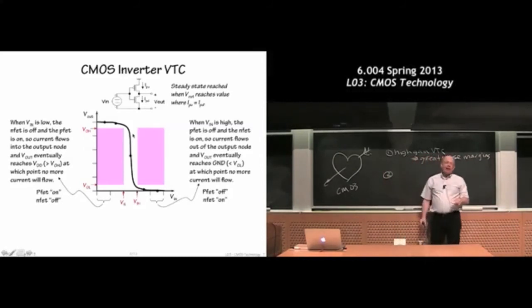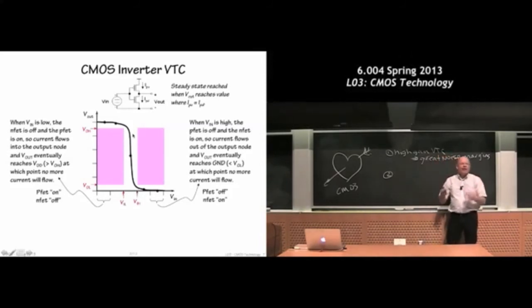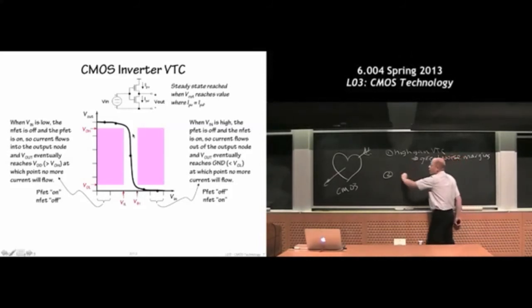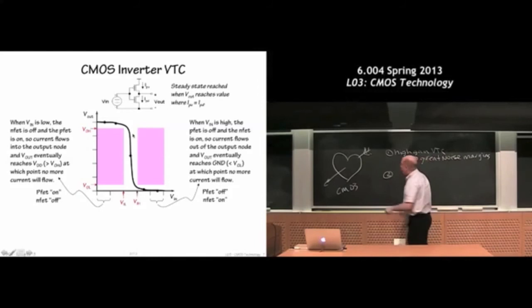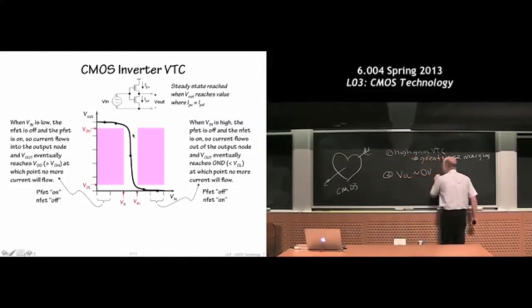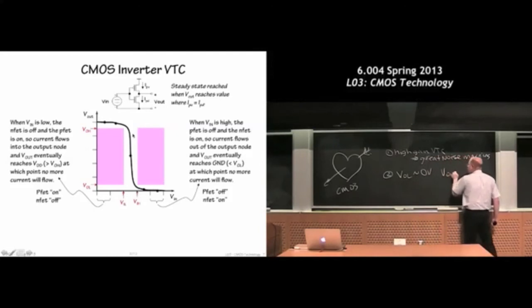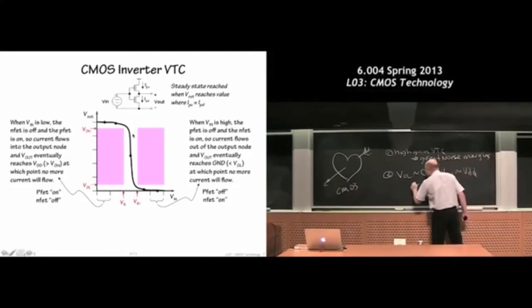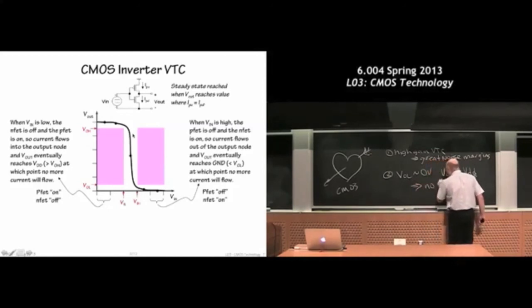Your girlfriend or boyfriend will expect something a little bit different than this, but as engineers, this is what we love. And then the other thing I wanted to point out is that VOL is approximately 0 volts, and VOH is approximately the power supply voltage, and that means that there is no static power dissipation.